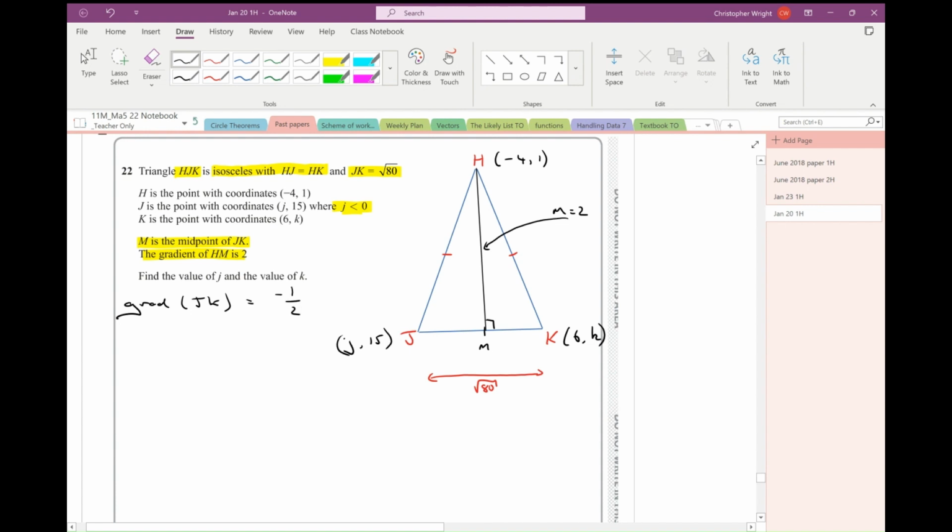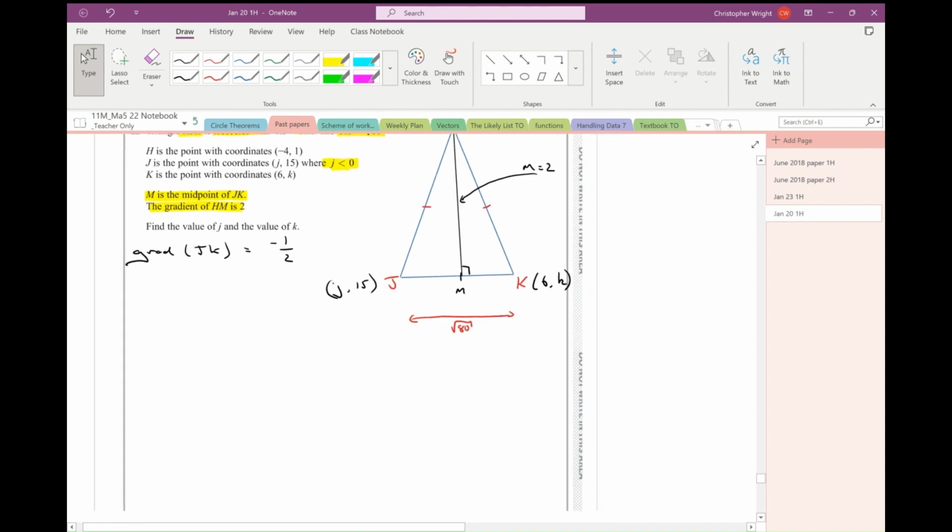Fine. But also, if I look at these coordinates, I can represent the gradient of JK by doing rise over run. So the difference between the y coordinates over the difference between the x coordinates.